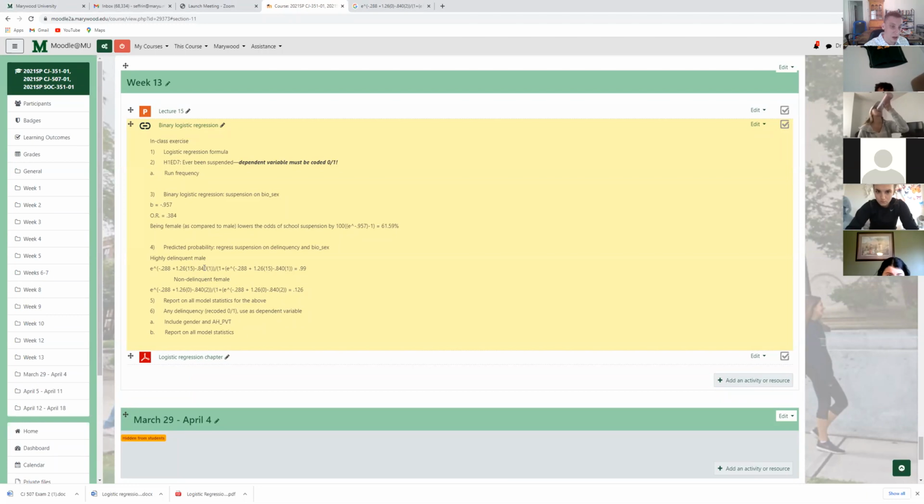For a male, the effect of gender in the model was negative 0.84, and we want to make this person male. Males are coded as 1, so we put a 1 there. We can tell that making the person male is necessarily going to lower the odds of suspension compared to being female, because this effect is negative. And then that is all divided by 1 plus this whole thing over again.